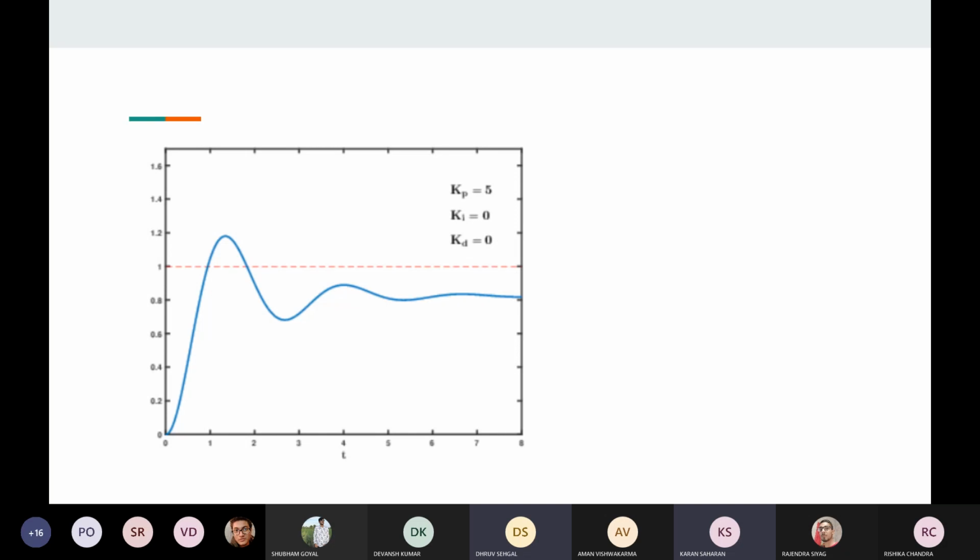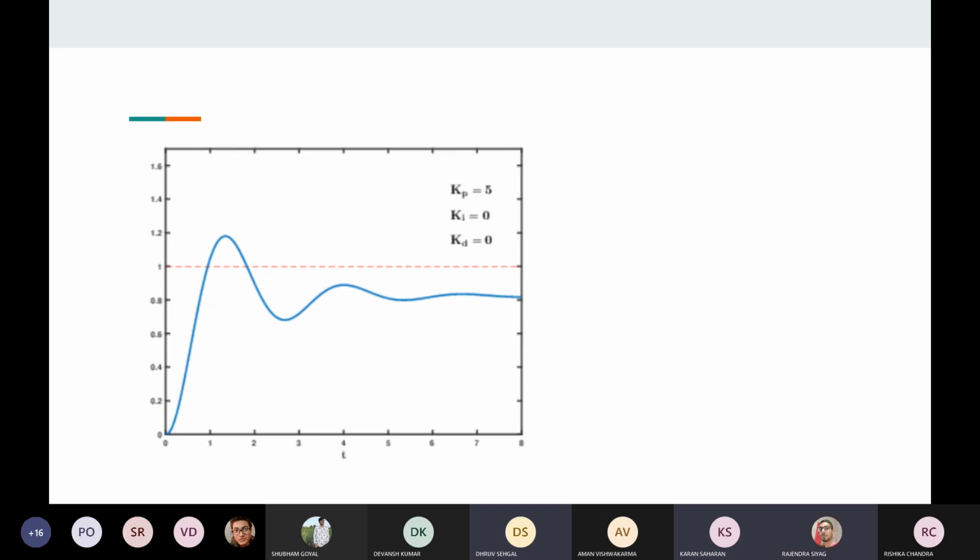So it will take some time for the output to reach the level of the input, because it takes time for capacitors to charge. So initially the output would be 0, so the error would be exactly equal to 1. Now the controller will see there is an error of 1 unit, so it will add a correction of Kp multiplied by error, that is 5 units, to my output.